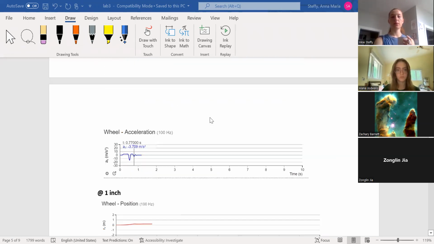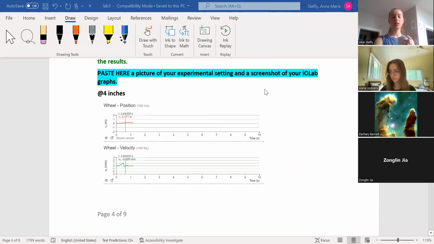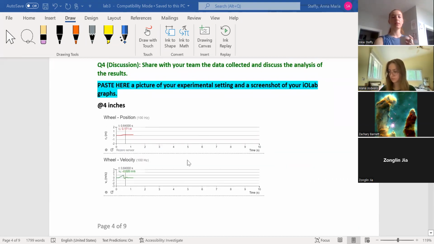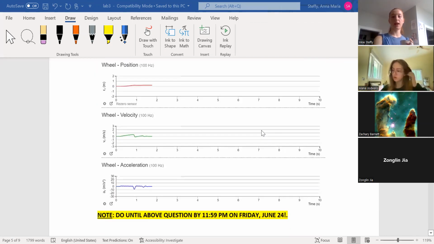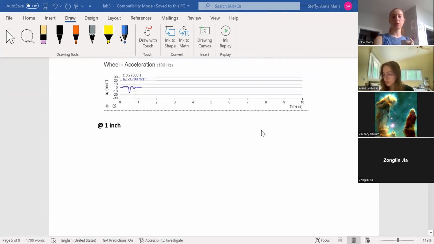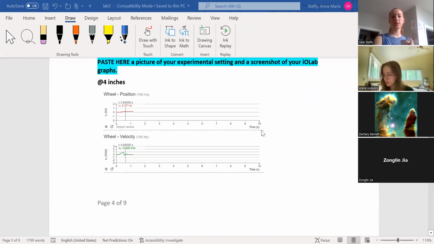I don't have everybody's data in here yet, but I can talk about the data here, and you can also share your screen if you want, or just tell me what the graphs have shown you. I increased the height of the ramp from 1 inch to 4 inches.